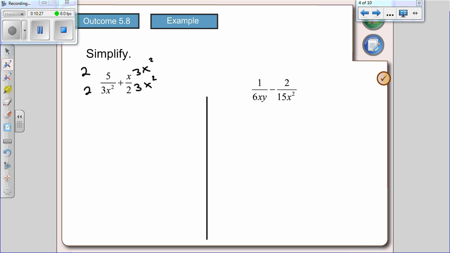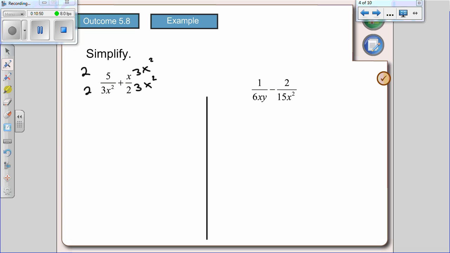You go to whatever is the largest number of x's. So x squared is the most. Do we need to multiply this one by any more x's to get it to x squared? No, we're good. The one on the right doesn't have any x squared. So what are we going to multiply by to get x squared? Multiply by x squared. And what you do to the top, you do to the bottom.